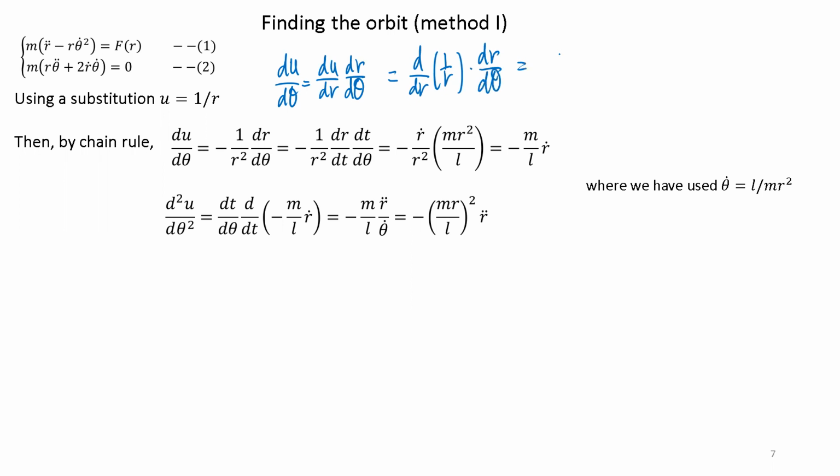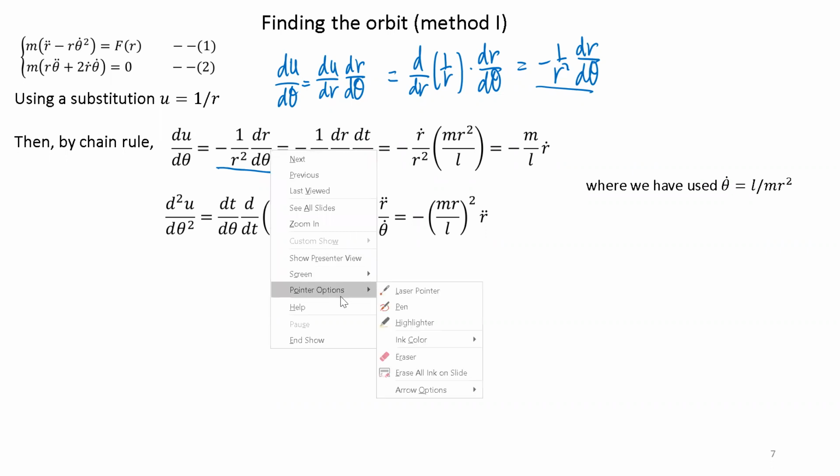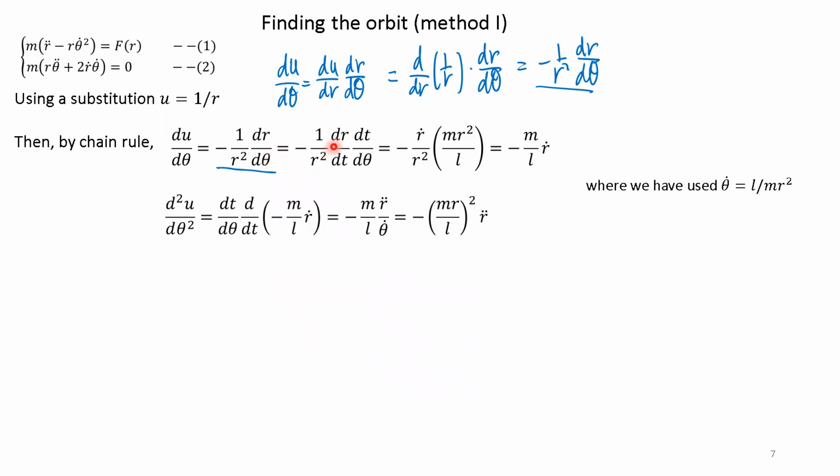And of course, this is minus 1 over r squared, dr d theta. Okay. So that's why I have this term over here. Okay, this one is from here. And then next, this dr d theta, I applied chain rule one more time. So this one becomes dr dt dt d theta.